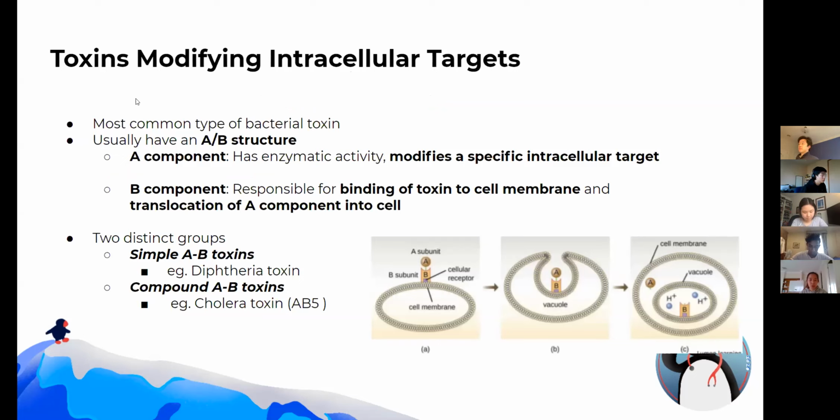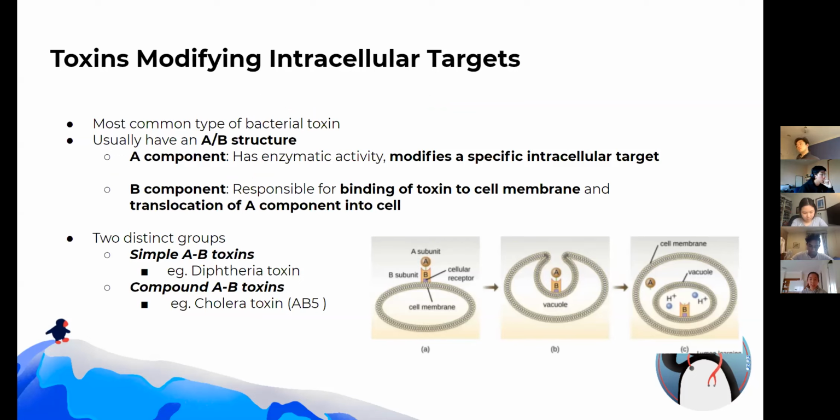Okay, so moving on to toxins that now modify our intracellular target. So they don't just work on the cell surface, they actually get inside our cells. This is the most common type of bacterial toxin, and normally these toxins have what's called an A-B structure. They have two components, an A component and a B component. The A component is the component that actually has the enzymatic activity.